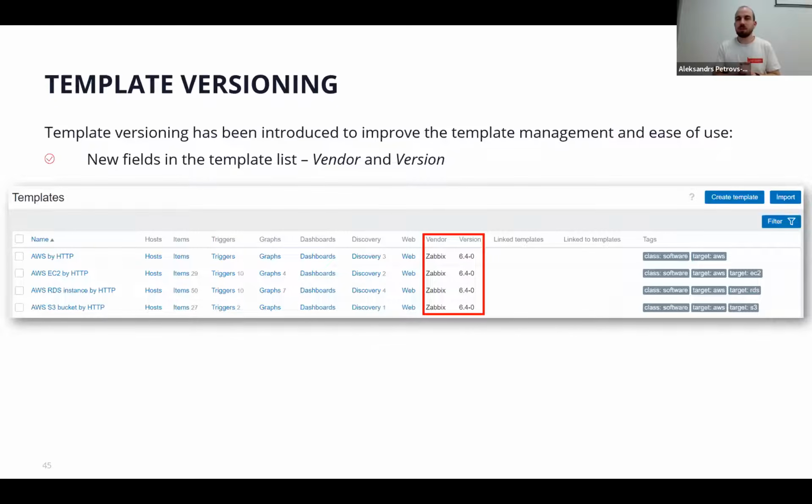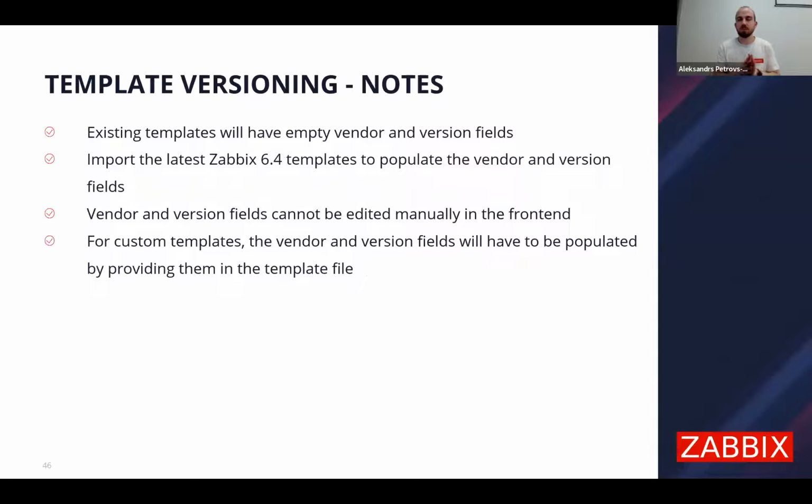But talking about your own templates, the community templates, to make it easier for the community to track which version they use and know who actually created it, you will need to update the export file of your template manually to make sure it will be visible. In addition to that, it's worth mentioning that nested templates will also be supported.